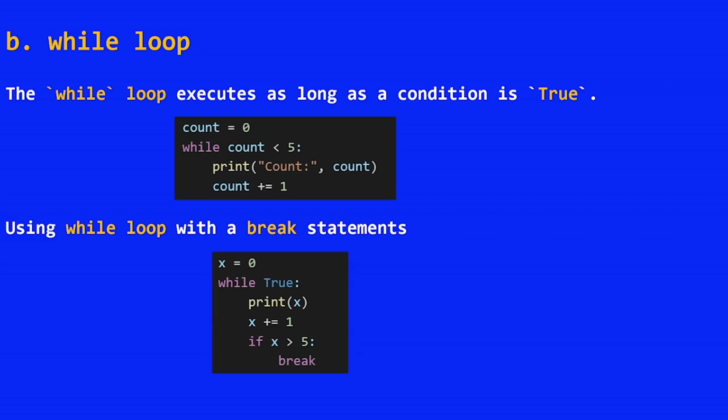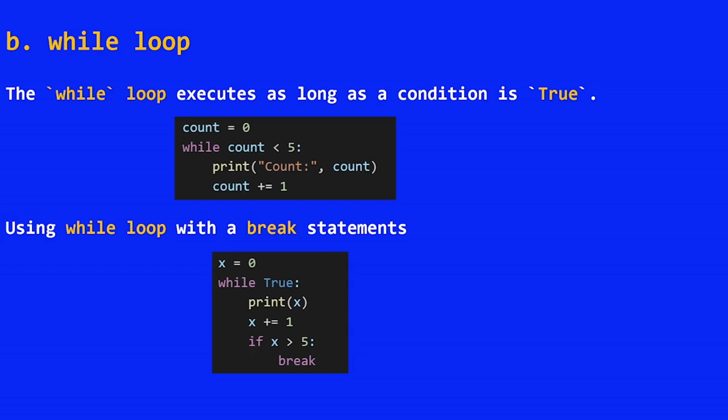You can also use a while loop with the break statement. From the layman's way of understanding, break simply means to stop. For example, we have the x value initialized as 0.